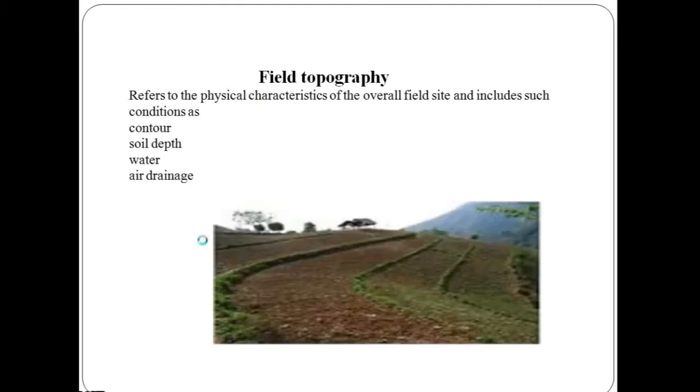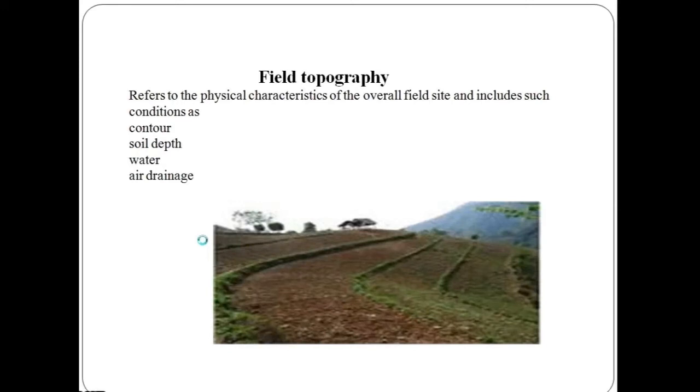Now let us see the field topography. Before understanding the concept of field topography, let us know what exactly topography is. Topography is basically the shape or configuration of the land represented on the map by contour lines and relief shading.